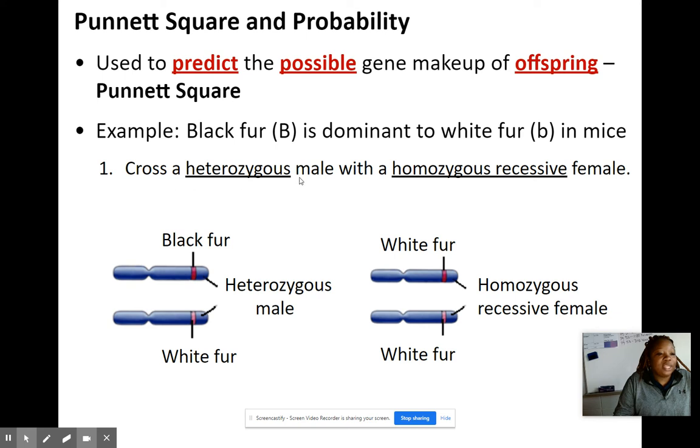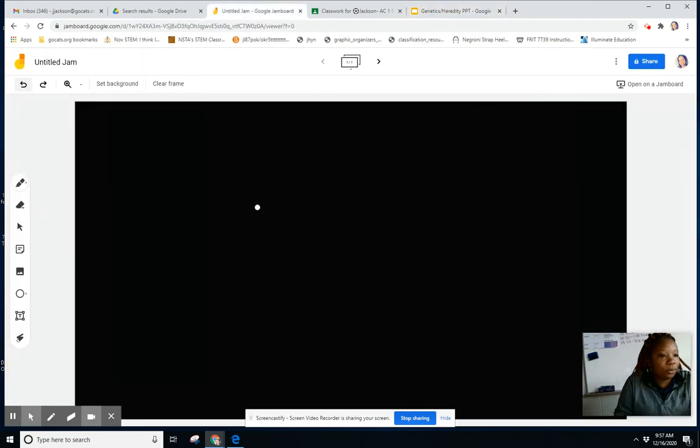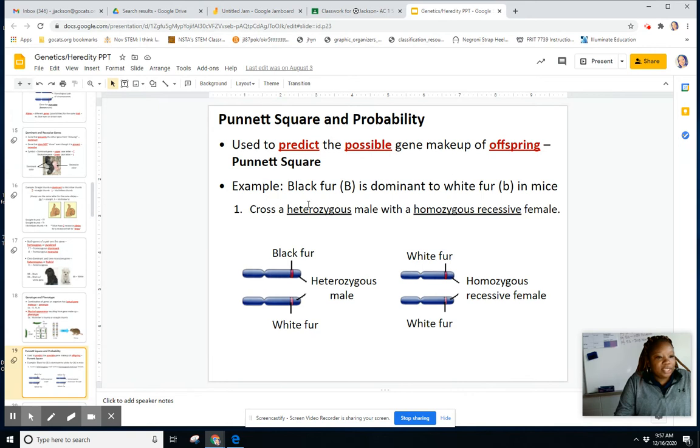Now we got to cross a heterozygous male with a homozygous recessive female. Keep in mind that we are using the letters B. So let me exit out of this and go to my Jamboard. Okay, so going back over here, it says black fur is dominant to white fur.